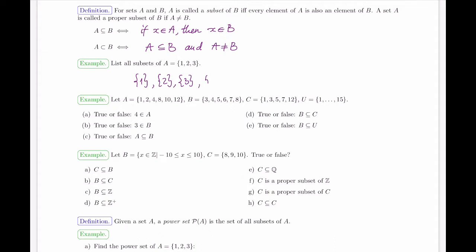What if I have 1, 2? Is this a subset of that? Well, I can see that 1, 2 lies within it. So yes, that is a subset. And that way I can go through all of the subsets of size 2 and list them all. Am I done in terms of subsets here?